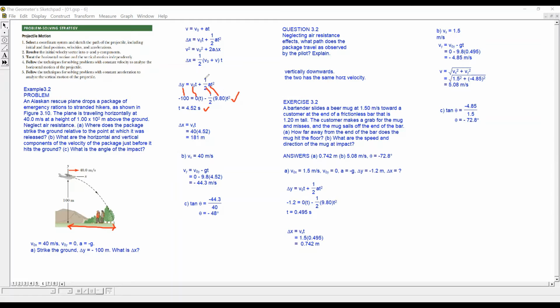You don't have to use this type of equation. You just use velocity times time, you'll find the horizontal distance. So 40 is the initial velocity, time is 4.52 we have found earlier. So total 181 meters.